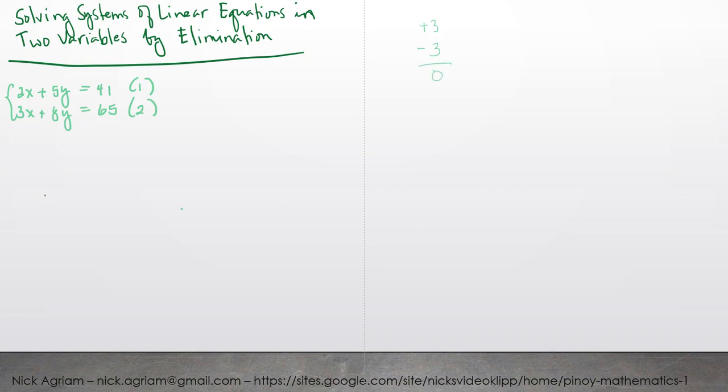That's the idea here. Right now, 2x and 3x, if I add them, it is not 0. It's the same with 5y and 8y. If I add them, it is not 0 either.